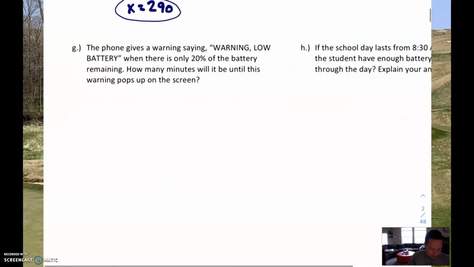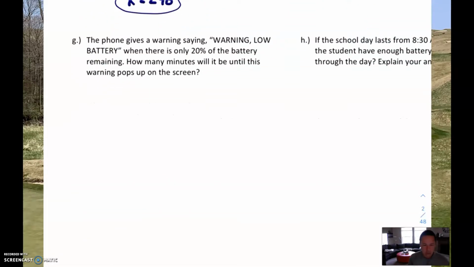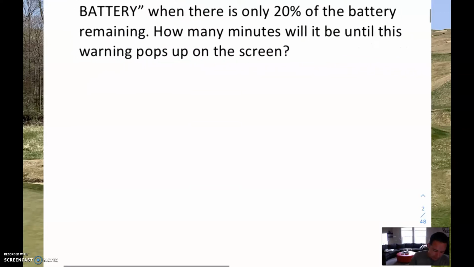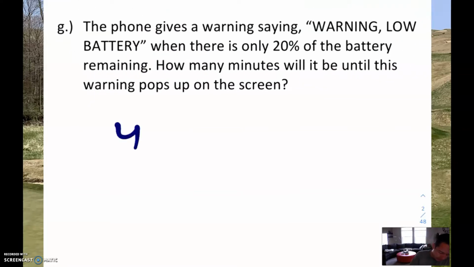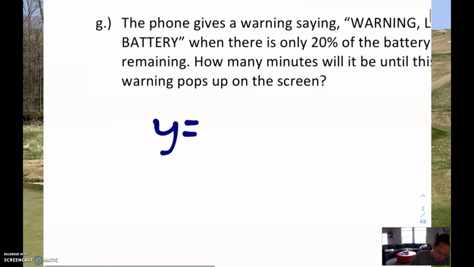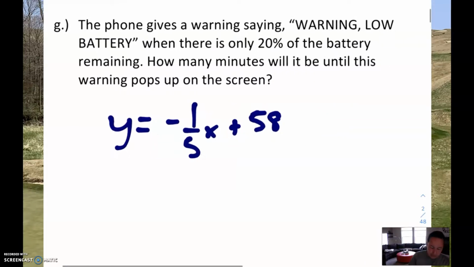All right, part G. The phone gives a warning saying, warning, warning, low battery, when there's only 20% of the battery remaining. How many minutes until this warning pops up on the screen? So again, I'm going to start with just a blank copy of the formula. y equals negative 1/5 x plus 58. Now we have to take the information that's given in the problem.